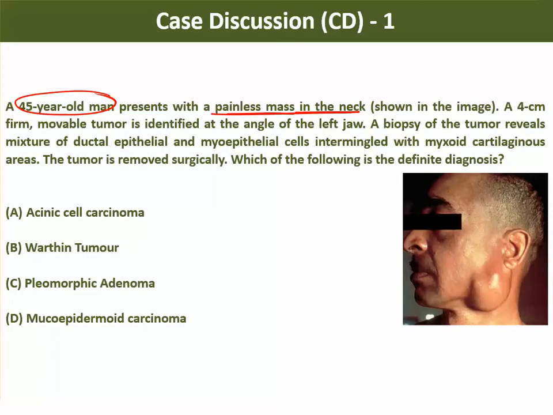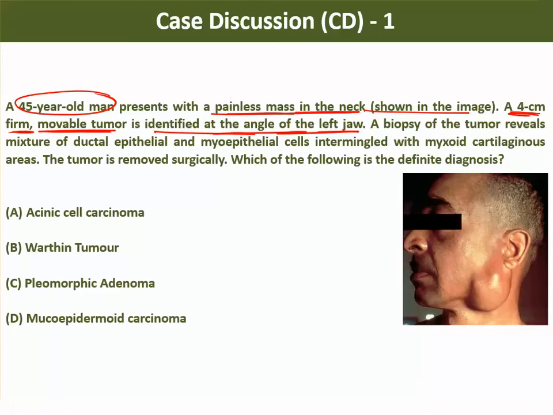Now, as shown in the image, this is a question taken from the Saudi license exam. A 4 centimeter firm movable tumor is identified at the angle of the left jaw. Up to this it is the clinical findings.